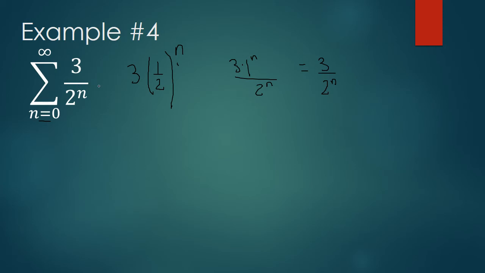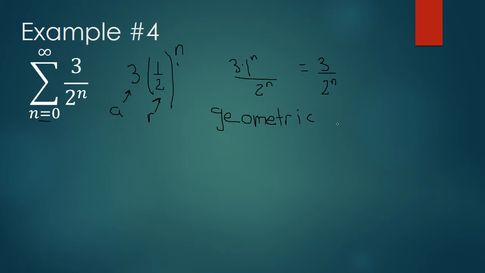Okay, so now I'm looking at my A, my R, and my N is in the exponent position. So this is a geometric series. Once I identify that it's a geometric series, I don't have to go through the process of using S sub n and finding the partial sum of the sequences and then taking the limit.